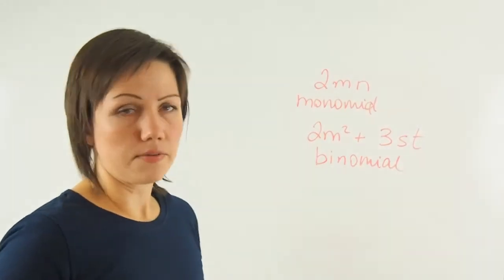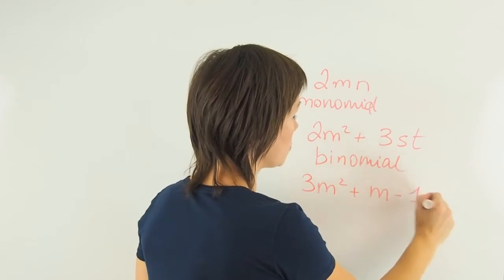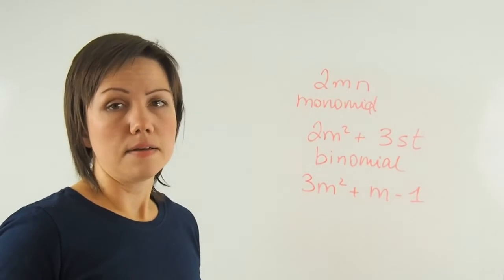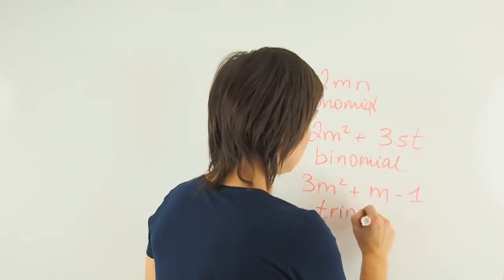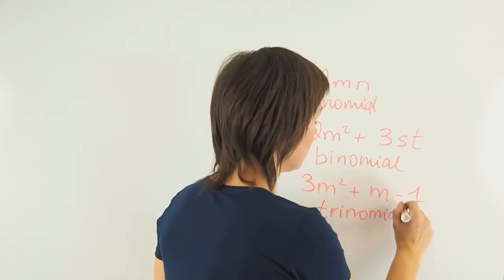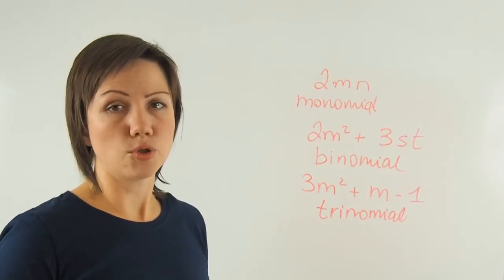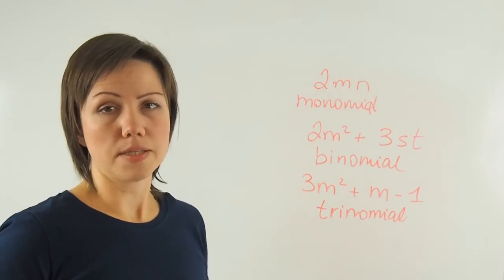If I have three of them, 3m squared plus m minus 1, I could just have a number without a variable, then I call this a trinomial. And anything greater than that, if I keep adding the monomials to each other, I will end up with a polynomial. Poly means many.